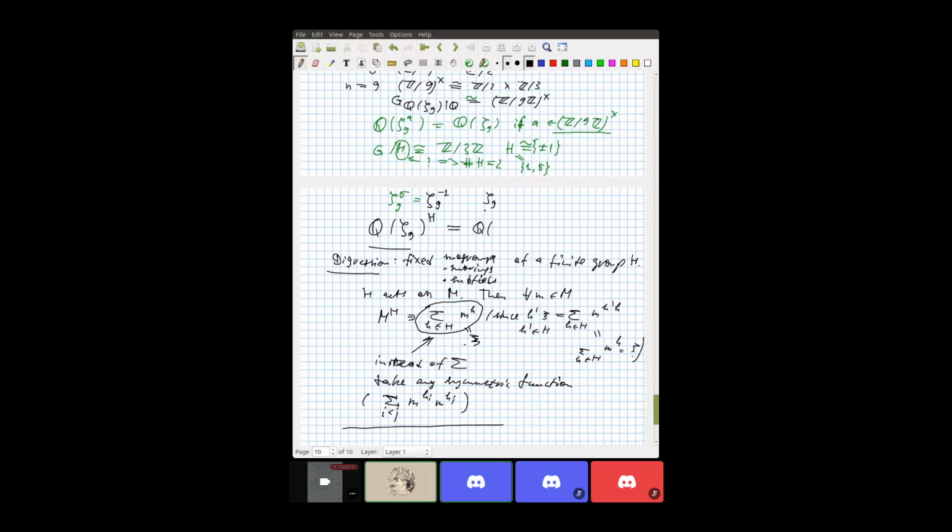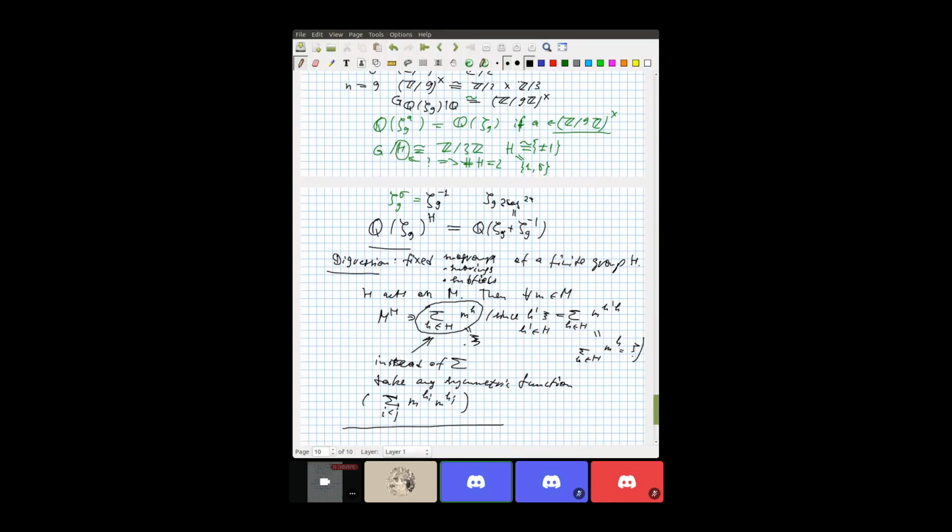For instance, let's take all powers of zeta 9, and what will this be? You know that this is twice cosine, but it doesn't really matter.